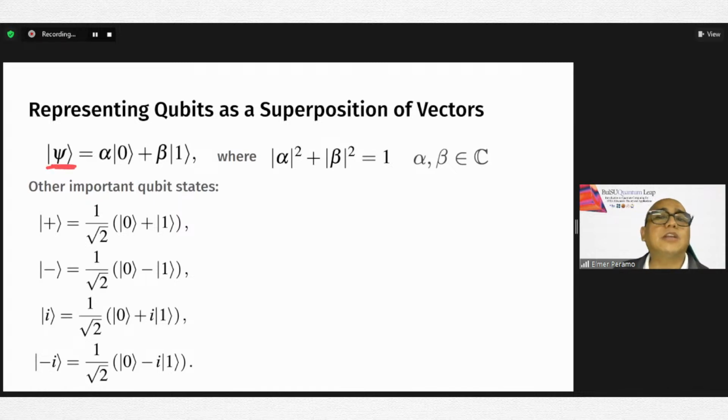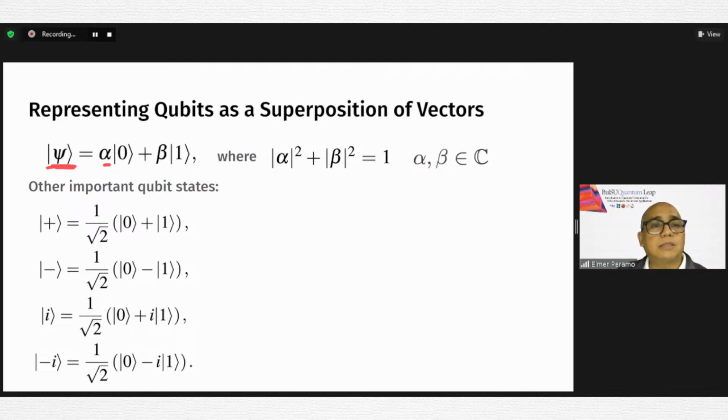I showed you the representation of a quantum state, ket psi, and it's actually a linear combination of ket 0 and ket 1, where the important thing here is that the square of the absolute value of alpha and the square of the absolute value of beta, the sum of them, should be equal to 1.